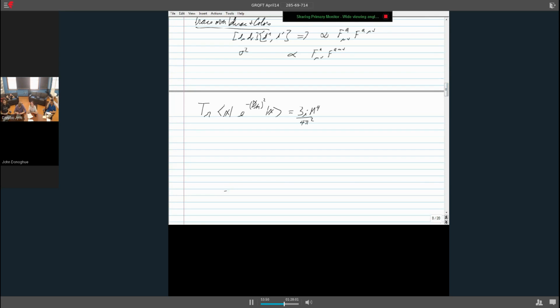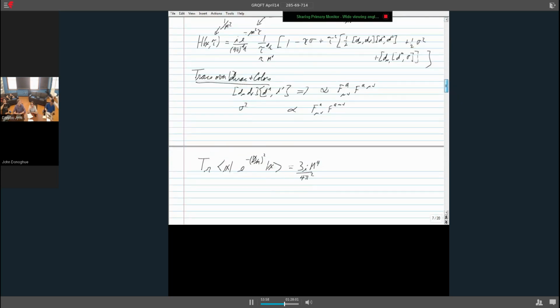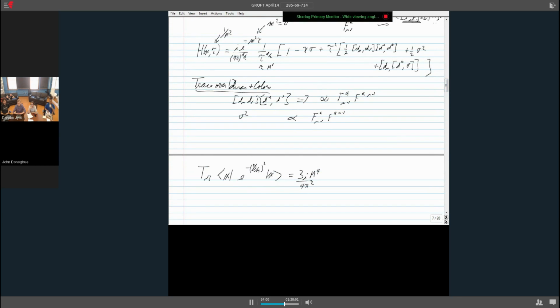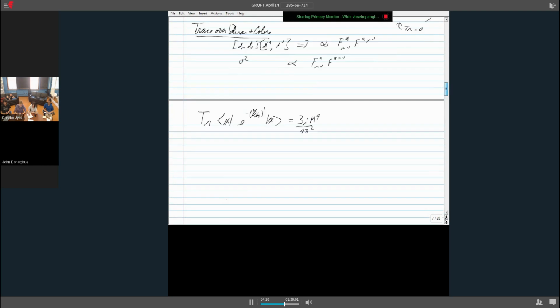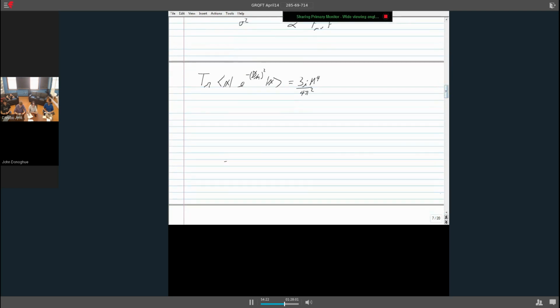The d mu, d nu, d mu, d nu gives me something that's proportional to f a mu nu, f a mu nu. When I take the trace, the sigma squared piece also is f a mu nu, f a mu nu, and so you just have to add those two together in some particular combination.